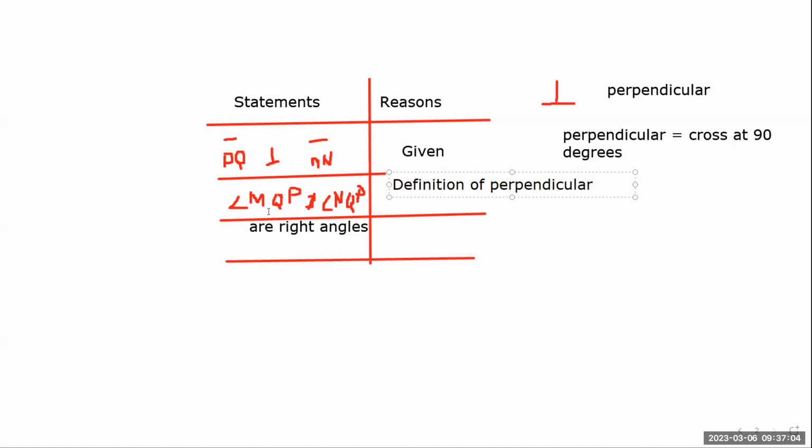And then you can say that those two angles are congruent to each other. So angle MQP is congruent to angle NQP.